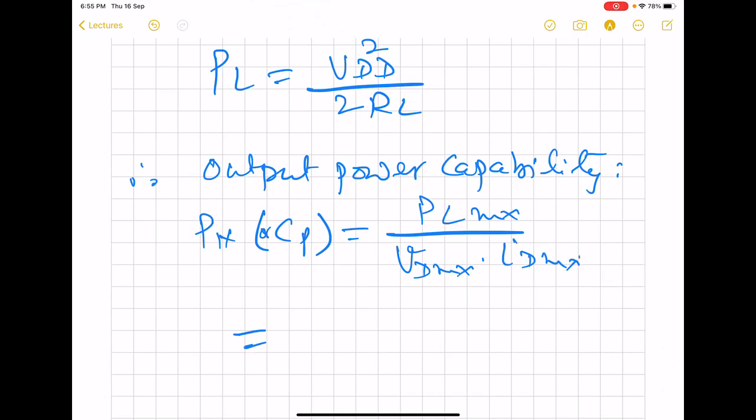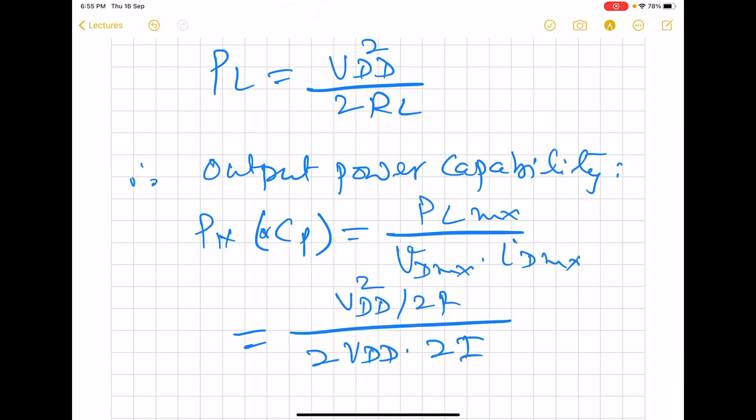So this will turn out to be VDD square by 2RL divided by 2 VDD into 2 ID.